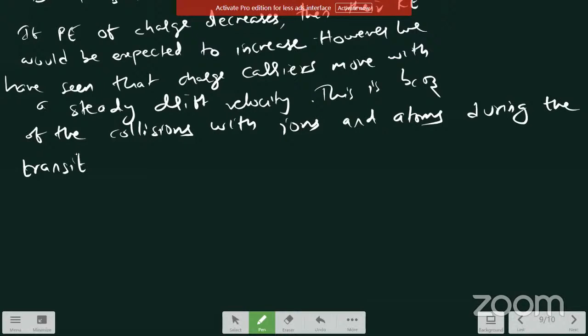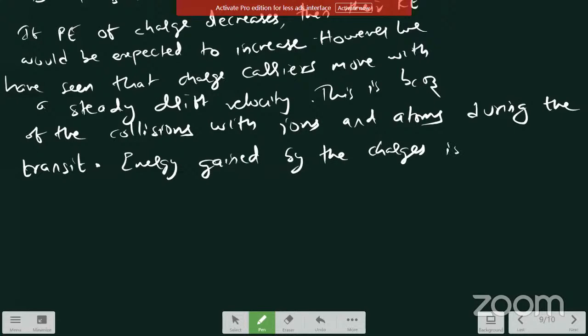What is meant by transit? Transit means charge is moving from one point to another point. During that motion, it will have so many collisions with ions and atoms, and there it will lose some energy. Energy gained by the charges is shared.